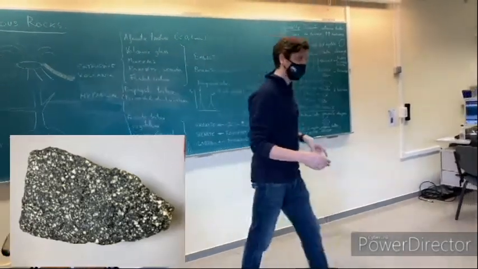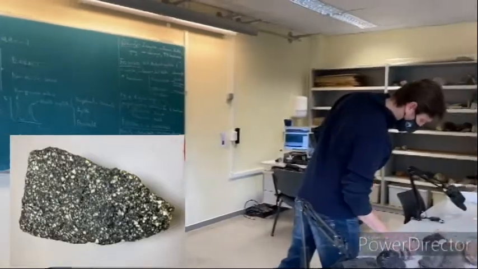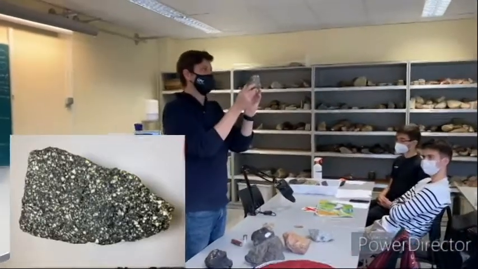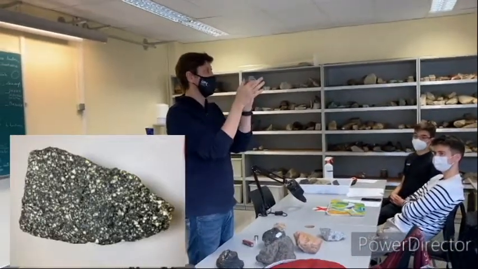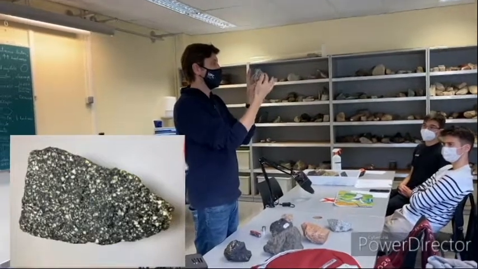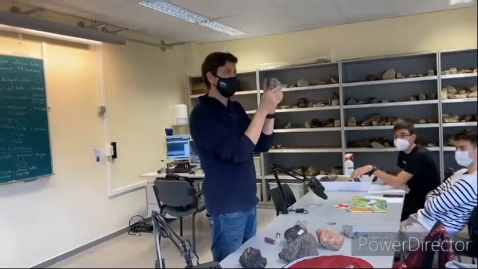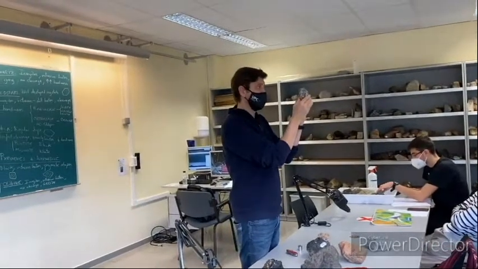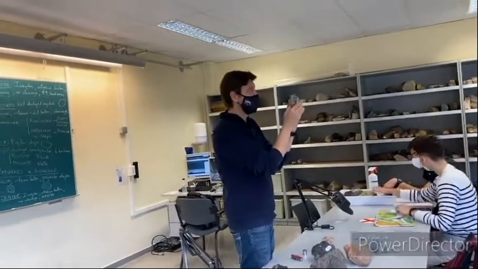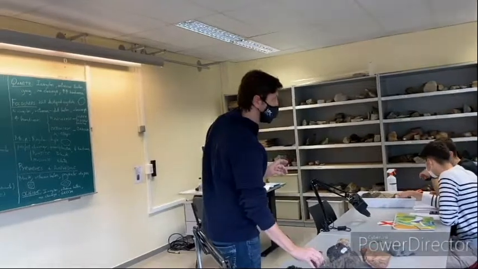For example, in this situation, do you see these grains? And in the middle there is a very fine-grained matrix. This is what we call a porphyritic texture, and this is very typical of hypabyssal rock.